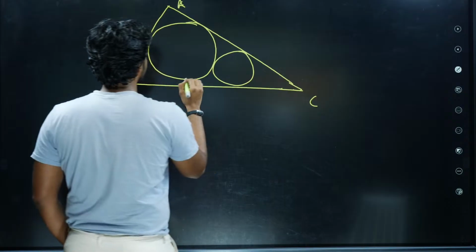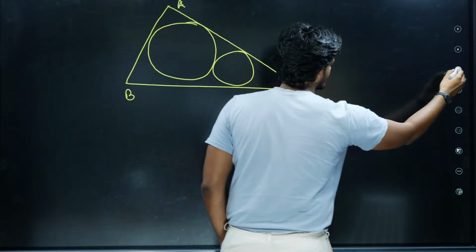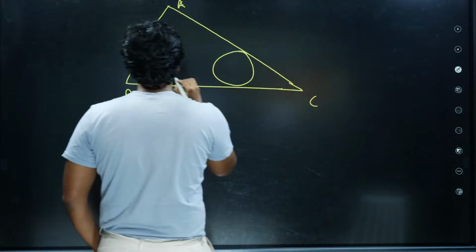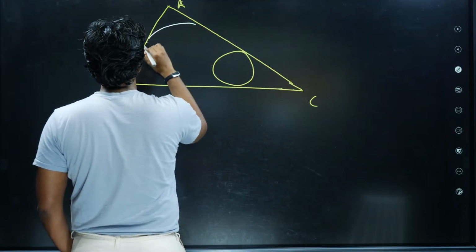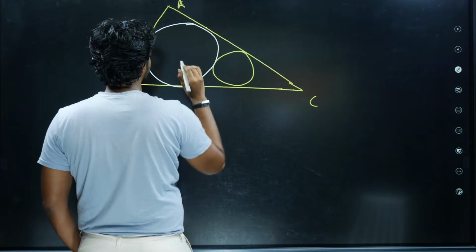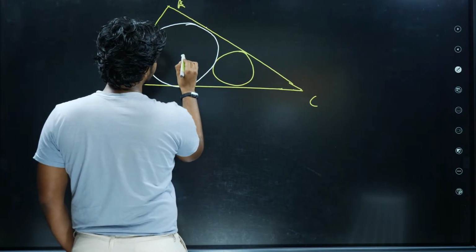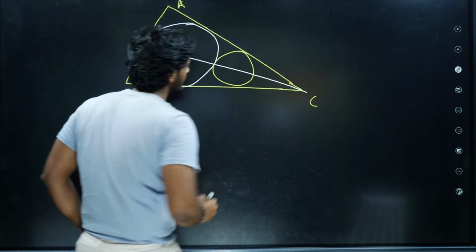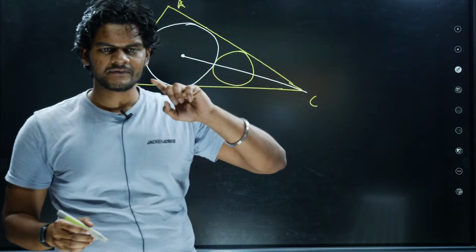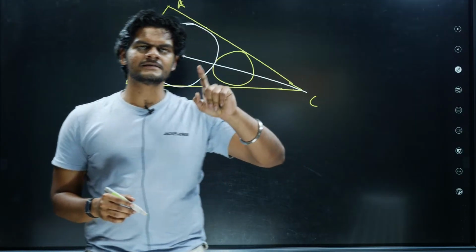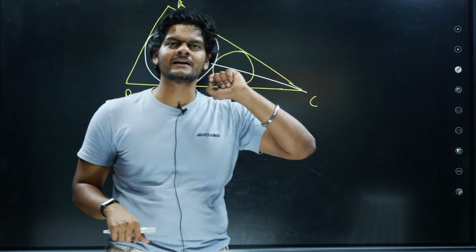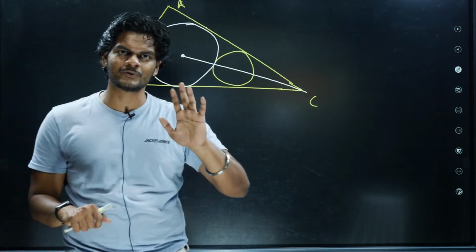The incircle does not look like an incircle. Now this is the center. You should know that the incenter is the intersection of angle bisectors.